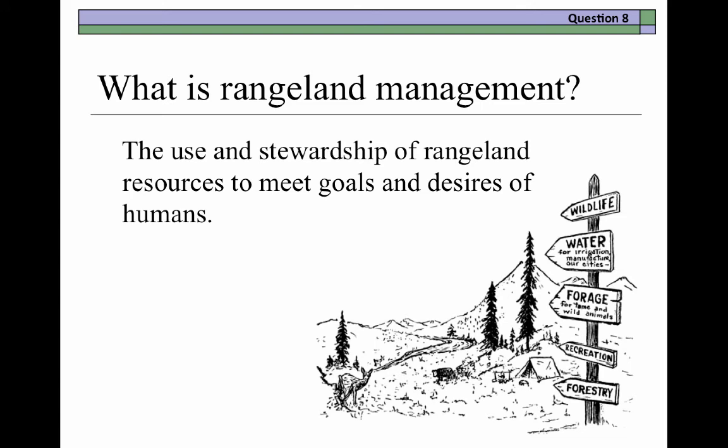So now that you have a really good understanding of what range is, let's talk about rangeland management. In a very loose definition, this is the use and the stewardship of rangeland resources to meet the goals and desires of humans. So that rangeland itself has to be managed.